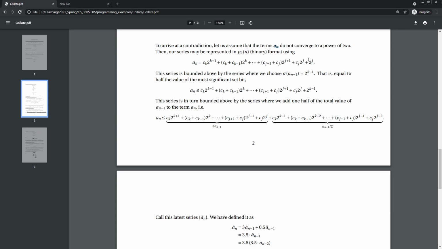We haven't done anything different except that we no longer divide by 2, but we're still adding the growth term in the same fashion. To say that there's some loop out there is equivalent to saying that you have some infinite sequence which never converges to a power of 2. So let's assume that that's the case.